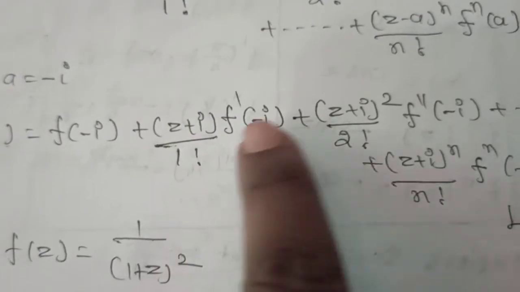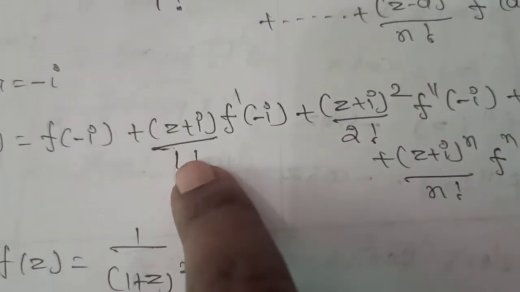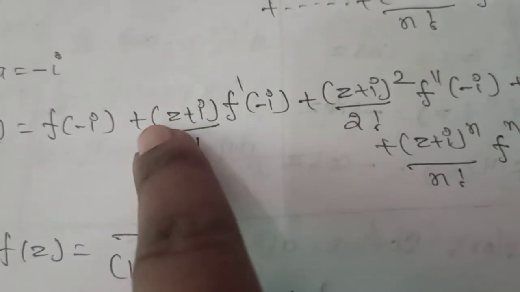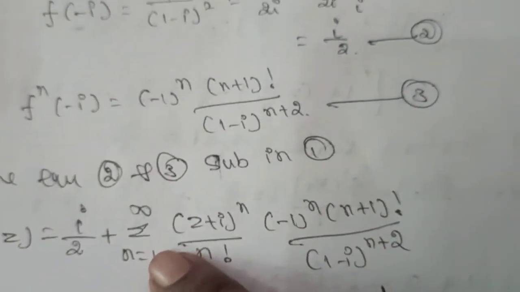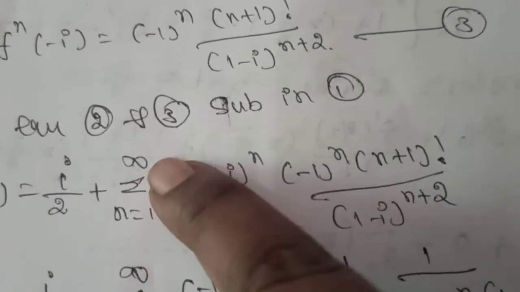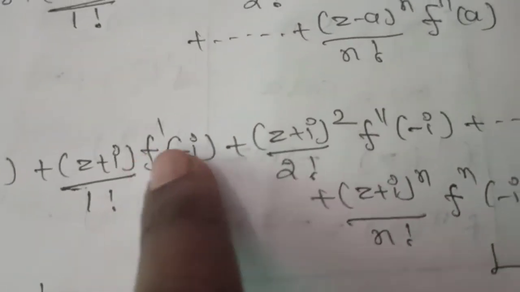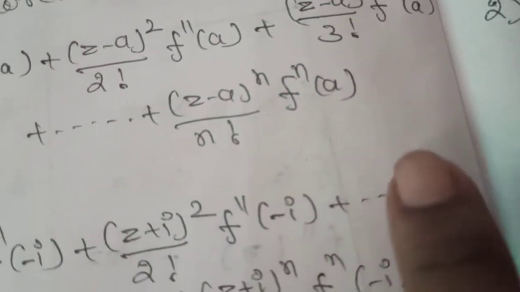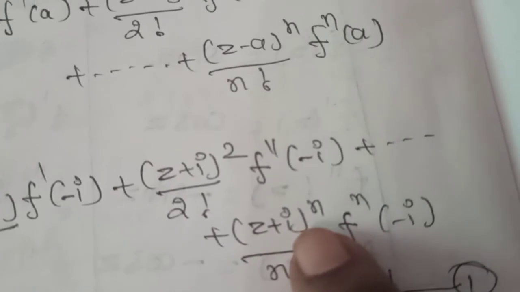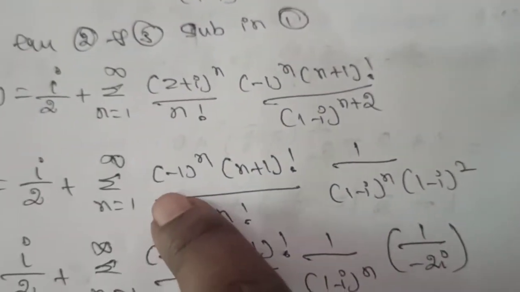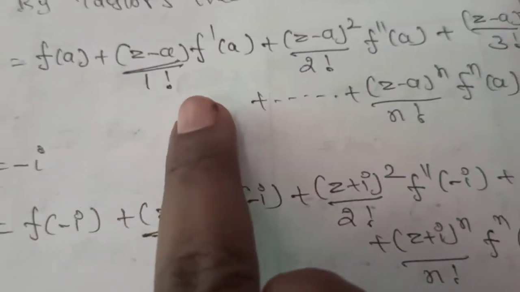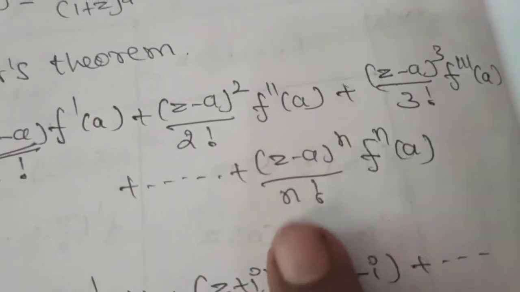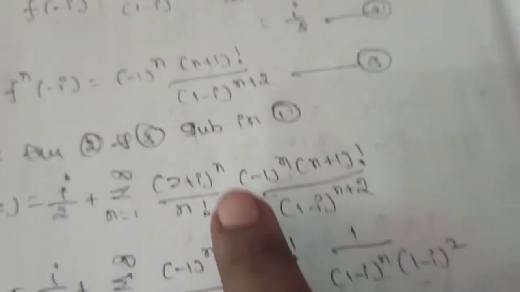In this case I will take the sum of the values, so we can write plus summation of n equal to 1 to infinity, with terms (z plus i) whole square, (z plus i) whole cube, and the nth term (z plus i) to the power n, divided by 1 factorial, 2 factorial, 3 factorial, up to n factorial.